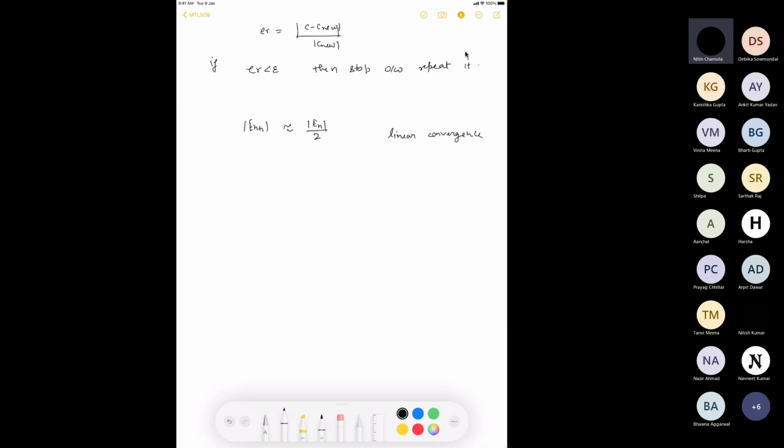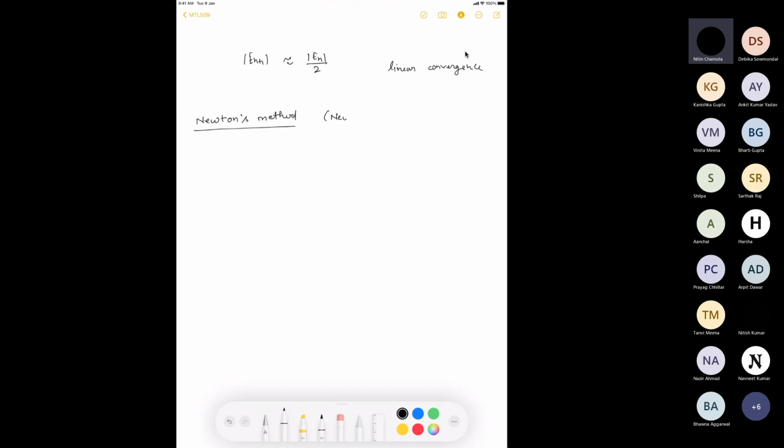But what we are going to see in today's lecture is another algorithm which is called Newton's method. Or this is also called the Newton-Raphson method.